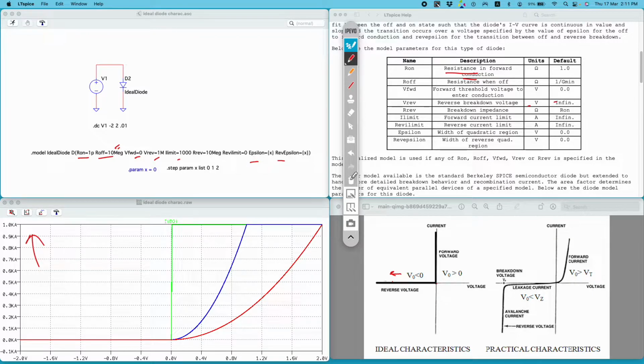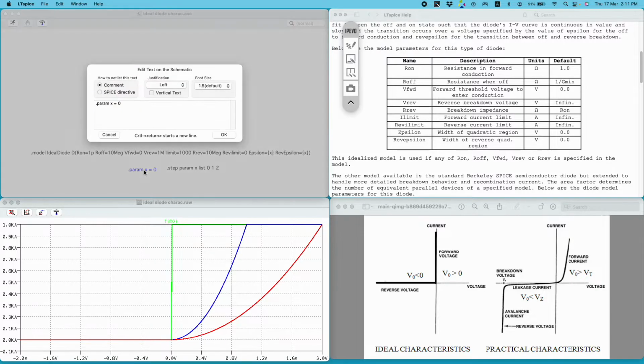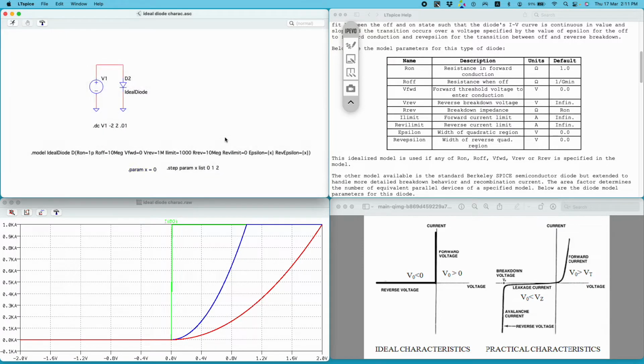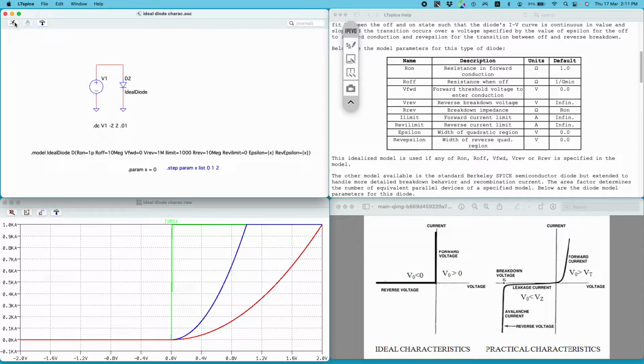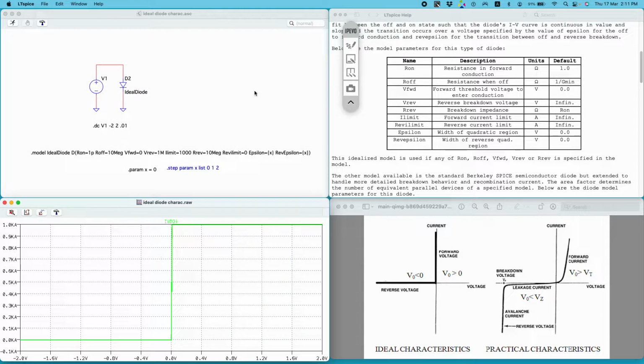So let me just run the simulation for epsilon value 0. You see, I get this characteristic curve. It's very similar to an ideal diode characteristic.